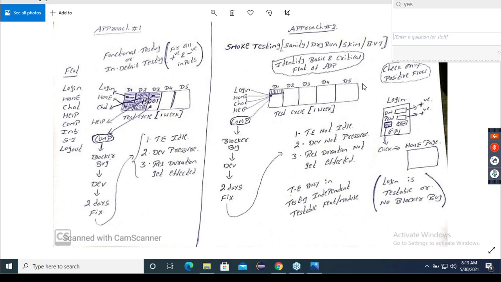But smoke testing cannot avoid the blocker bugs. Is it clear? Is the point clear?